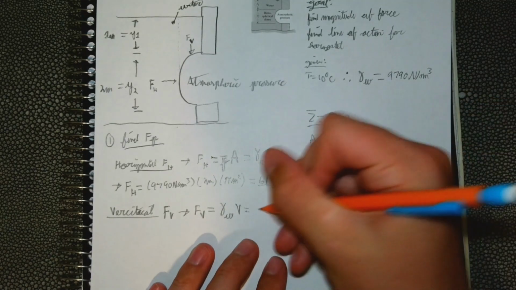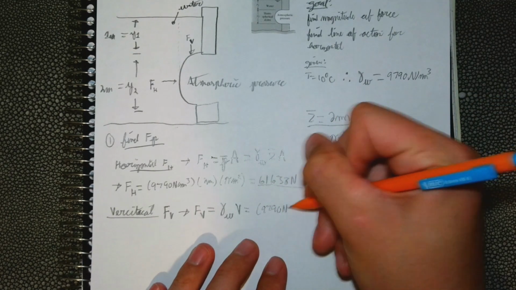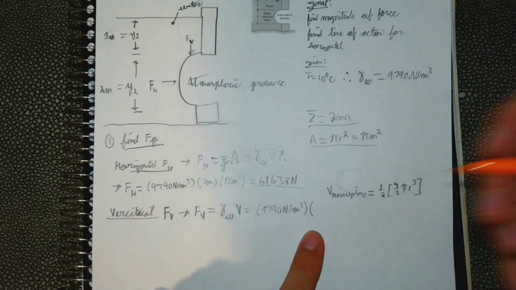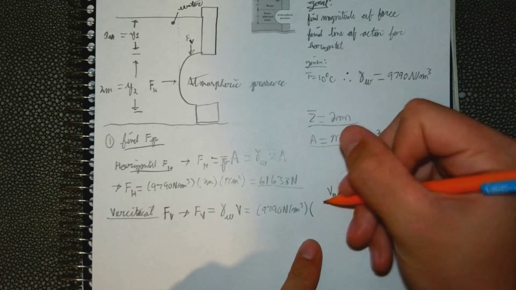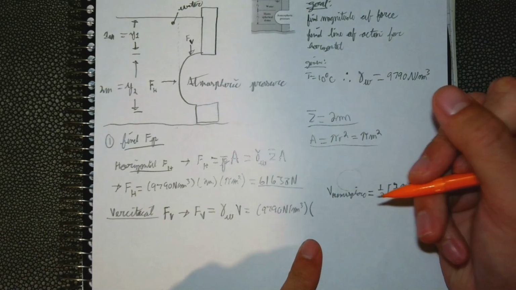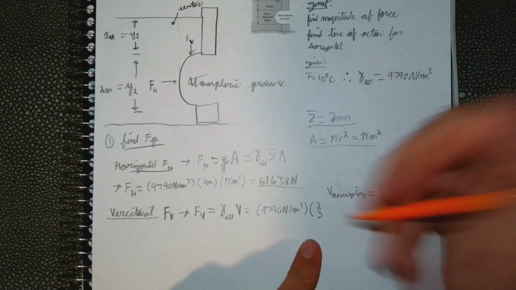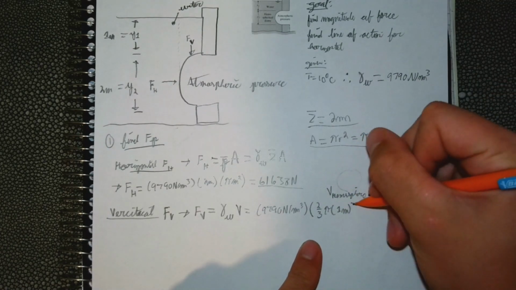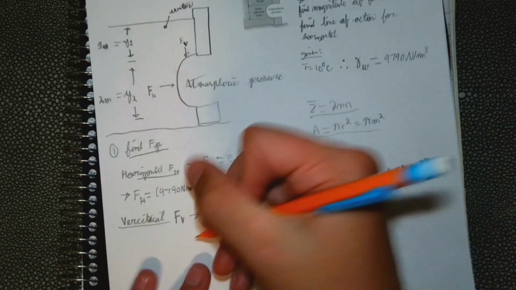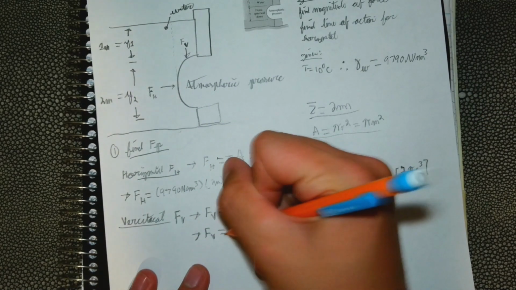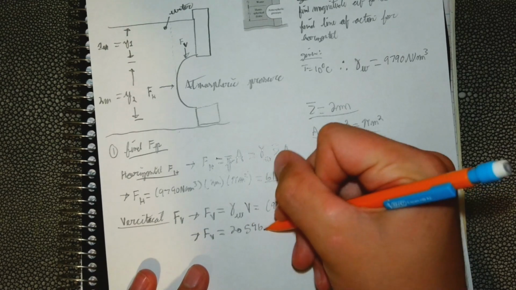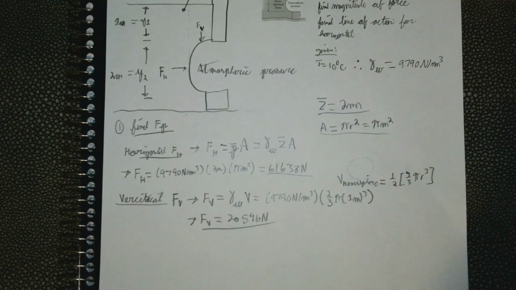So that will be specific weight times the volume: 2/3 pi, and then 1 meter cubed. Put that in a calculator, you get that the vertical component equals 20,546 newtons.